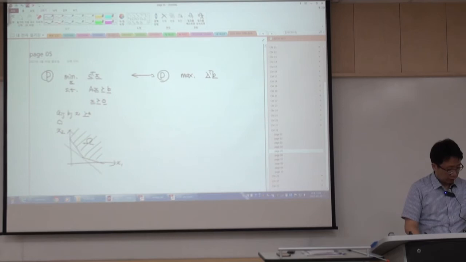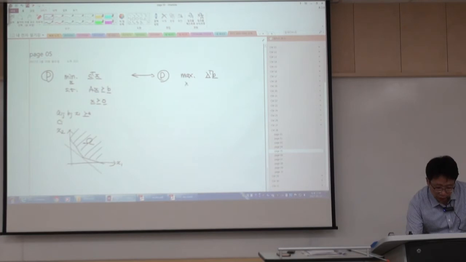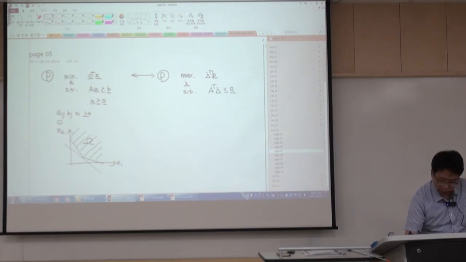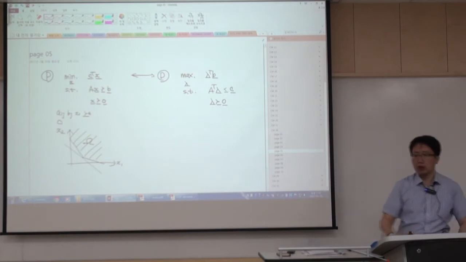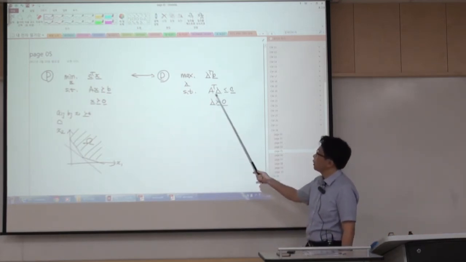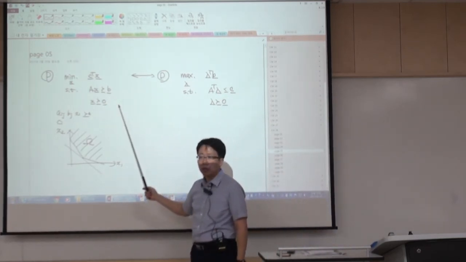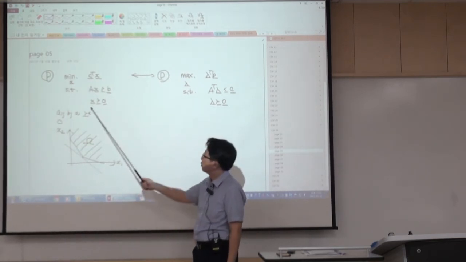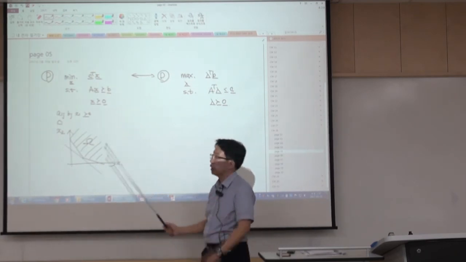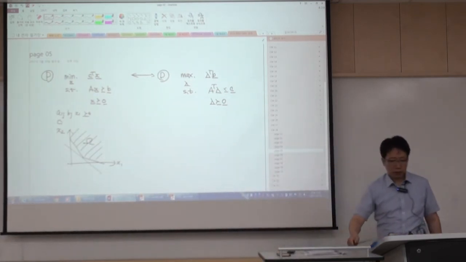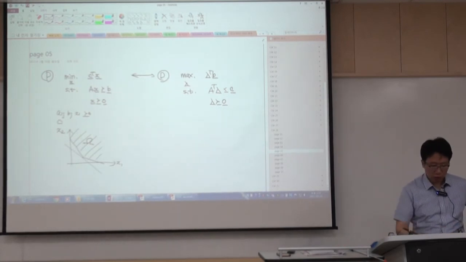Subject to A transpose lambda less than or equal to c, and lambda greater than or equal to 0. As you see, this is definitely related to the Lagrangian dual variable corresponding to x, because we want lambda greater than or equal to 0 in finding the lower bound. Anyway, so show this.